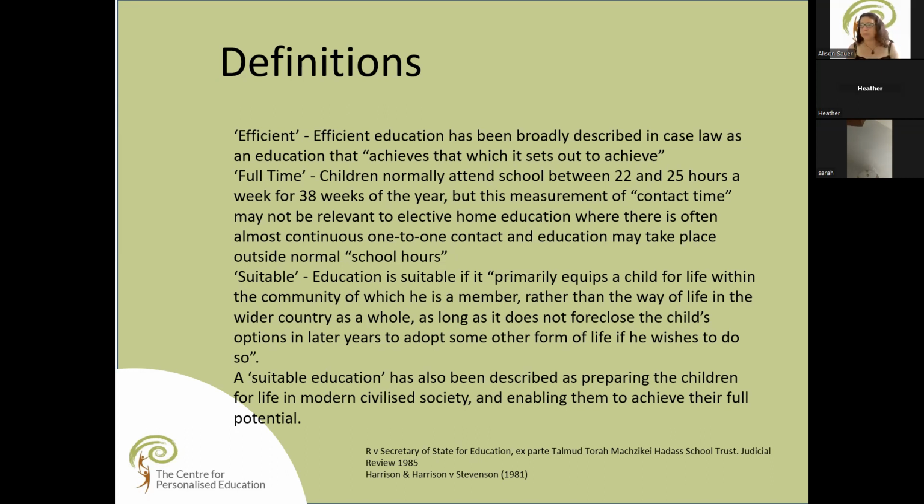Putting aside special educational needs, if you ended up with a 16-year-old who could not read or write, and couldn't add up, and didn't understand anything about money or life, or how to fill in a form or cross a road, then it would not be a suitable education, because they couldn't leave your home or your community and live outside of it.